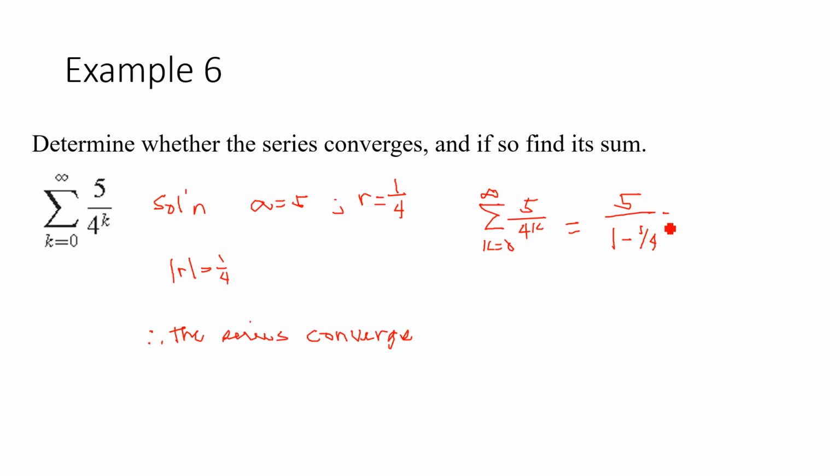One minus 1/4 is 3/4, so that is equal to 20 over 3. So the sum is equal to 20 over 3.